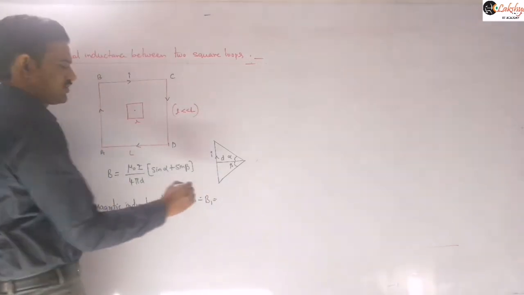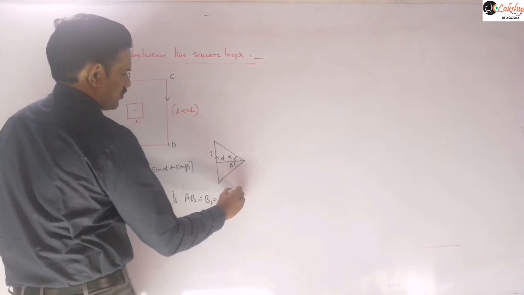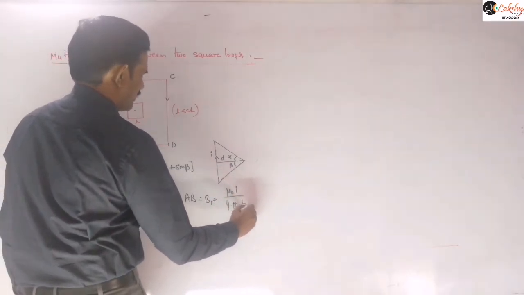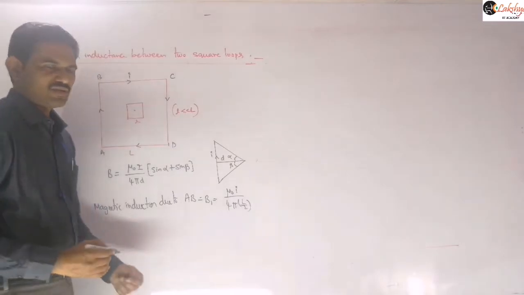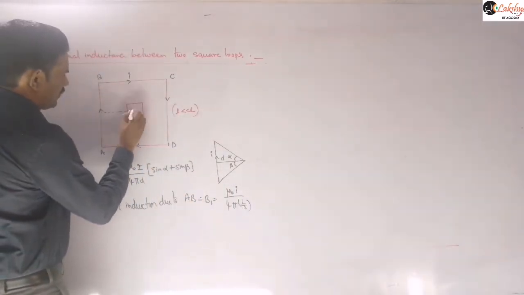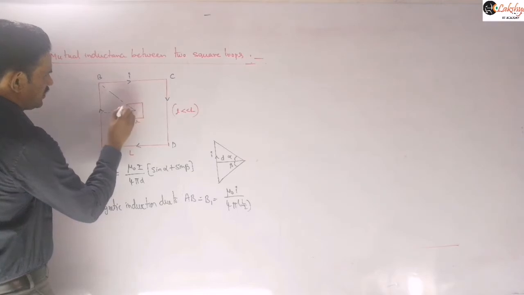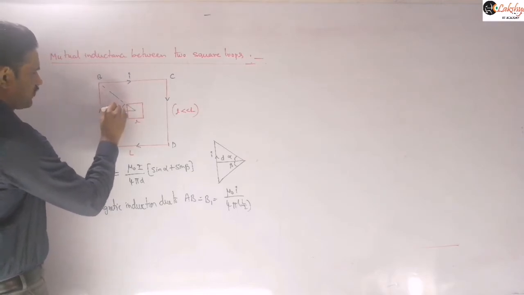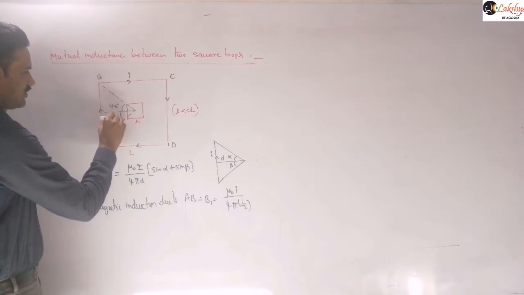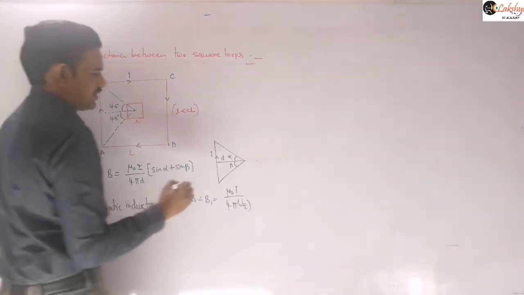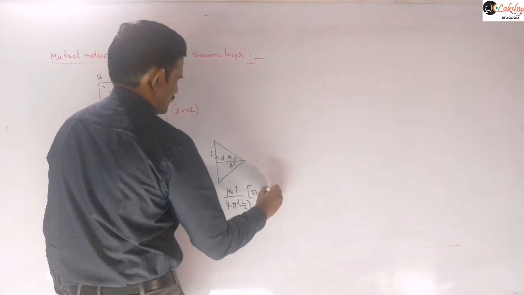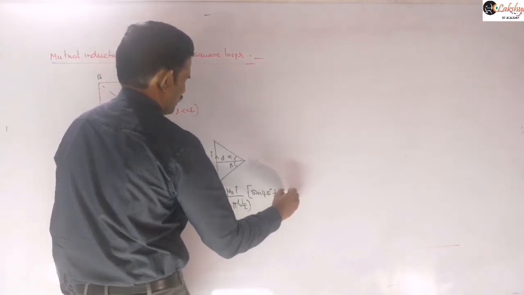So B1 is equal to, let us apply this formula now, mu naught I by 4 pi d, where d is nothing but L by 2, right, into the angles. That angle you know is 45 degrees. Similarly this angle is also the same, 45 degrees, right? And so therefore it is sine 45 plus sine 45.